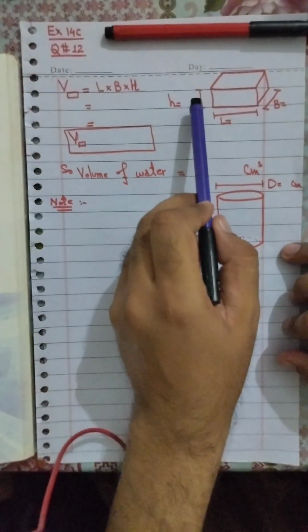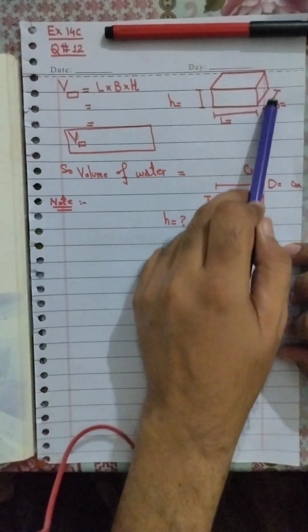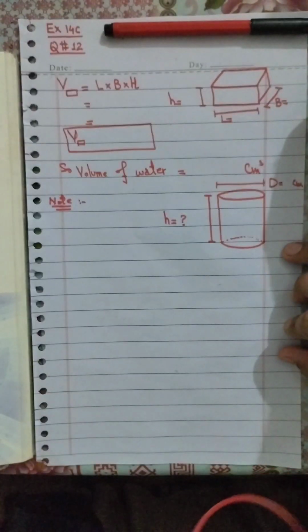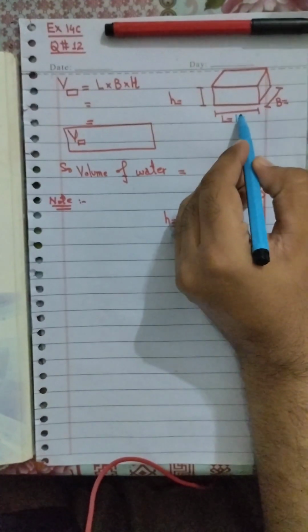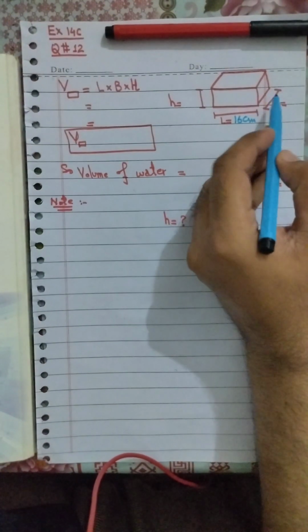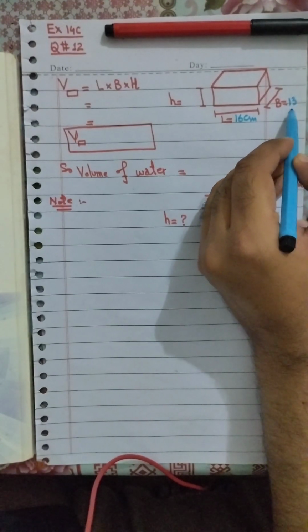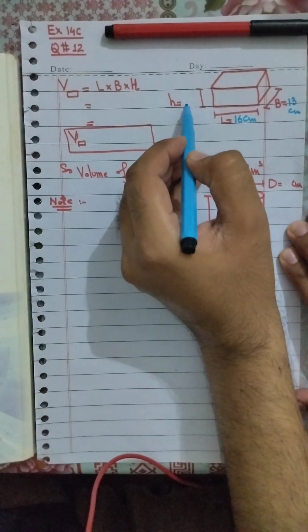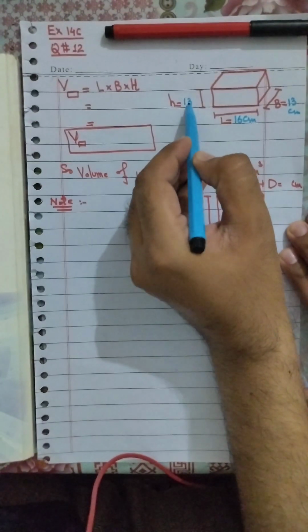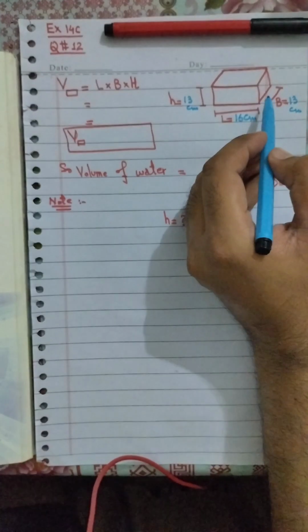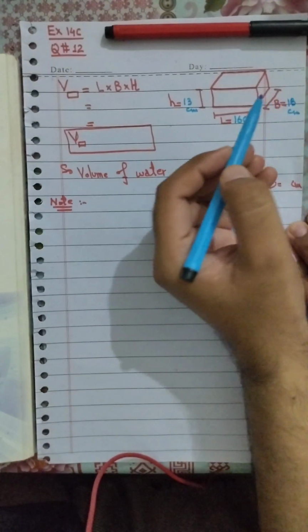As they gave us a rectangular container, they told us its length was 16 centimeter, breadth was 18 centimeter, and height was 13 centimeter.